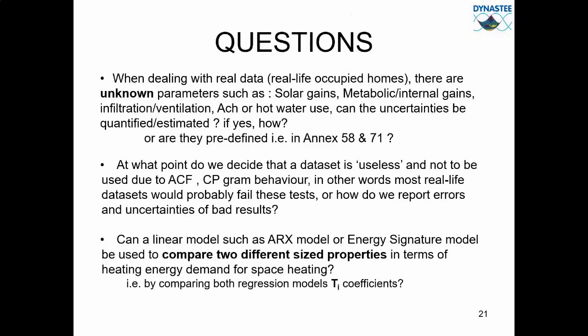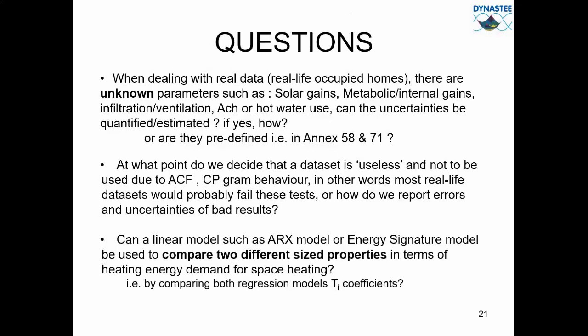You can get the occupation of a building and even the metabolic heat rates with an uncertainty of 20%, more or less. You can get the other internal gains. This is all the electricity consumed within the building envelope, which is actually heat gain within the building envelope. Those can be measured quite accurately.